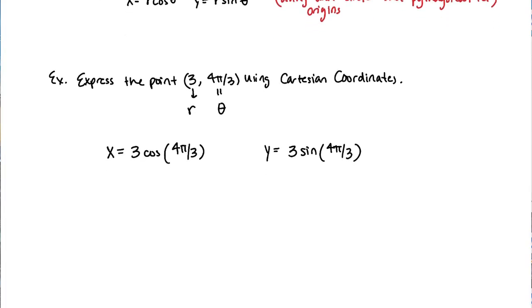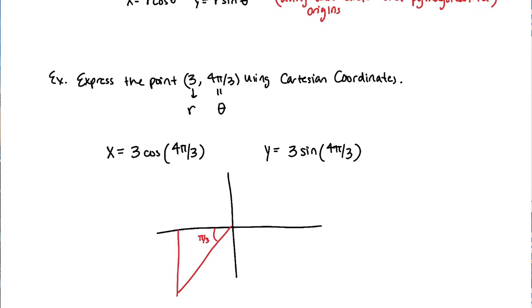So think about your graph of where this point is located. 4 pi thirds would be here, just past pi in quadrant 3. You would go past your pi line by another pi thirds, and that is a 60-degree triangle.